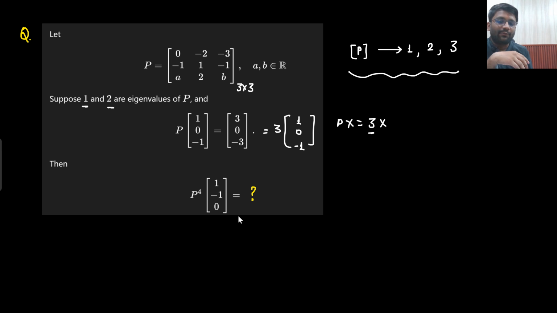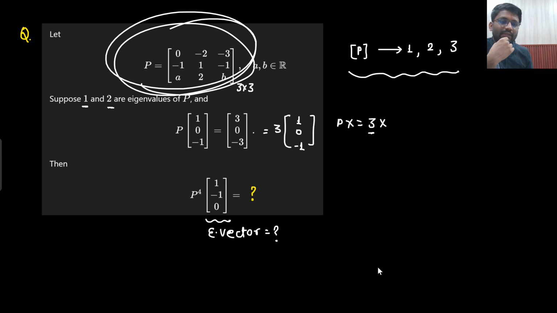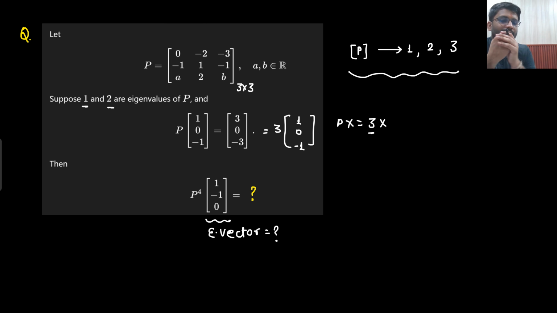Higher chances are that for sure this could be one of the eigenvectors. But with respect to which eigenvalue? That we don't know. If for matrix P we are able to find the eigenvectors, then our job would be done. Why is that so? Because matrix P will have the same eigenvectors as P to the power 4.